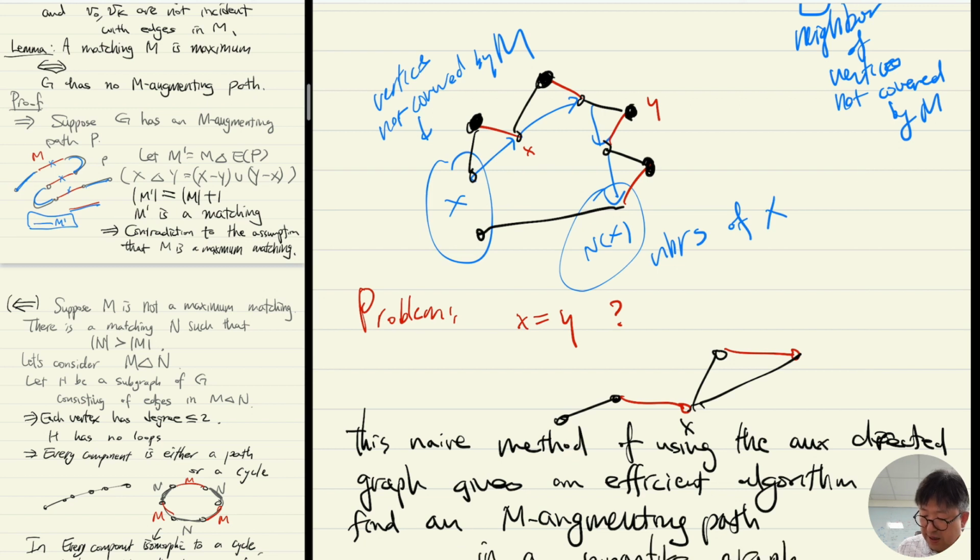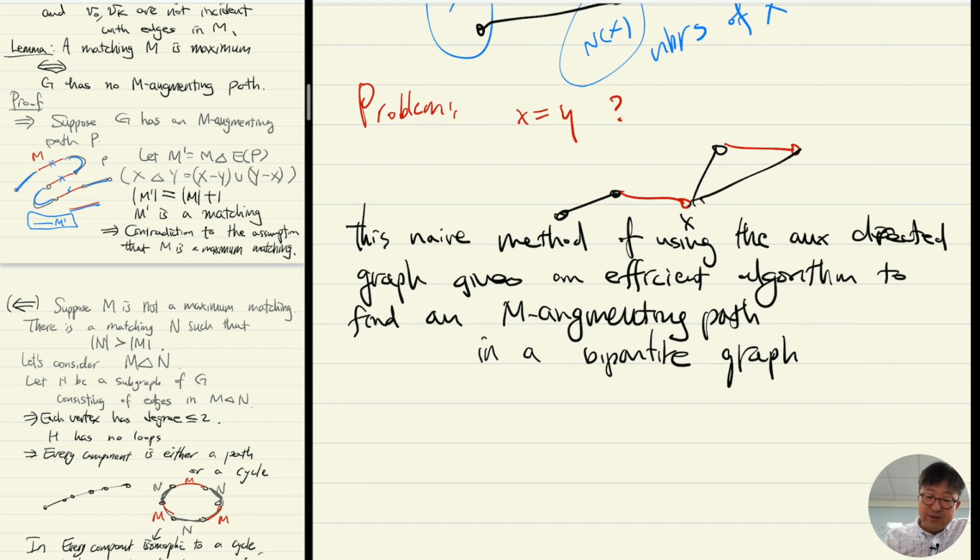Because in a bipartite graph you don't have any odd cycles, so you can never have these two vertices be equal. All these vertices are distinct, so there's nothing to worry about. So the only problematic case is when the graph has another cycle and it happens to be this cycle.